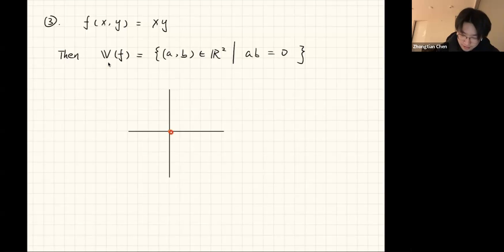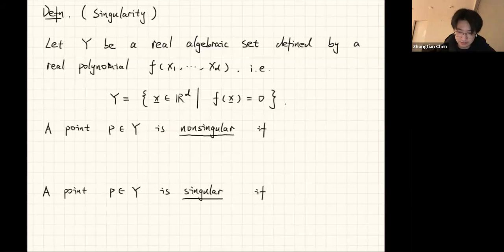But in this case, this badly behaved point is kind of easy to describe, right? It will just be the intersection of two lines, they intersect transversely. Right, that's an example of an algebraic set.